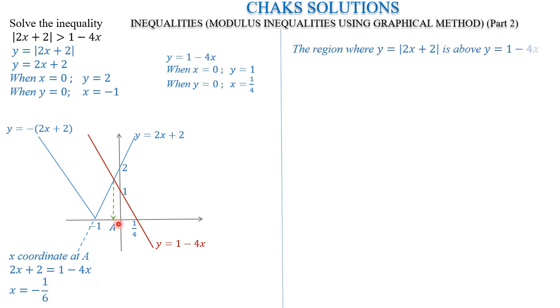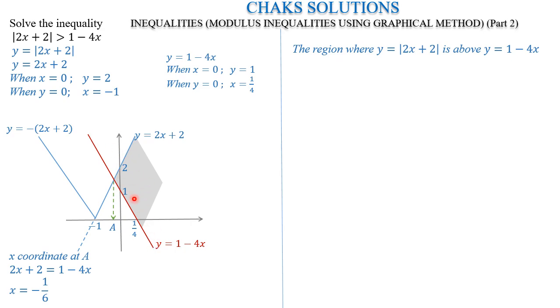That's the point here. Now if you interpret this inequality, they're saying modulus of 2x plus 2 is greater than 1 minus 4x. So we need the position where the graph of modulus of 2x plus 2 is above the graph of 1 minus 4x. Starting from this point, this blue graph will be above this graph.